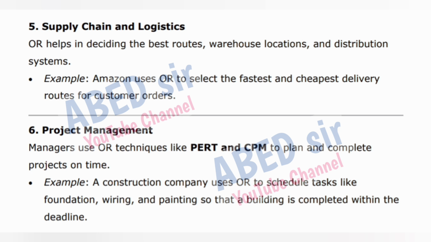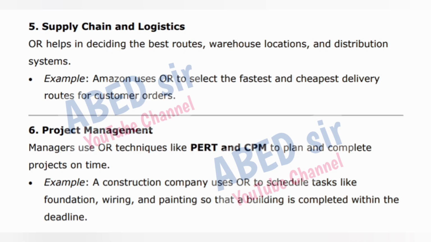5. Supply chain and logistics. OR helps in deciding the best routes, warehouse locations, and distribution systems. Example: Amazon uses OR to select the fastest and cheapest delivery routes for customer orders. 6. Project management. Managers use OR techniques like PERT and CPM to plan and complete projects on time.